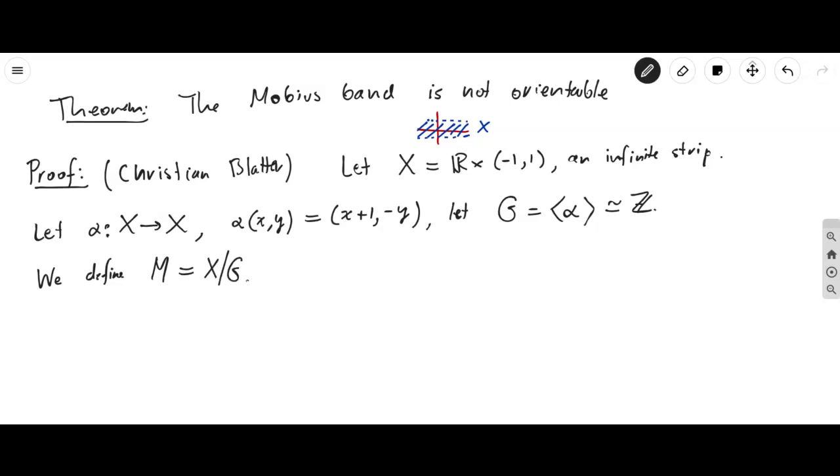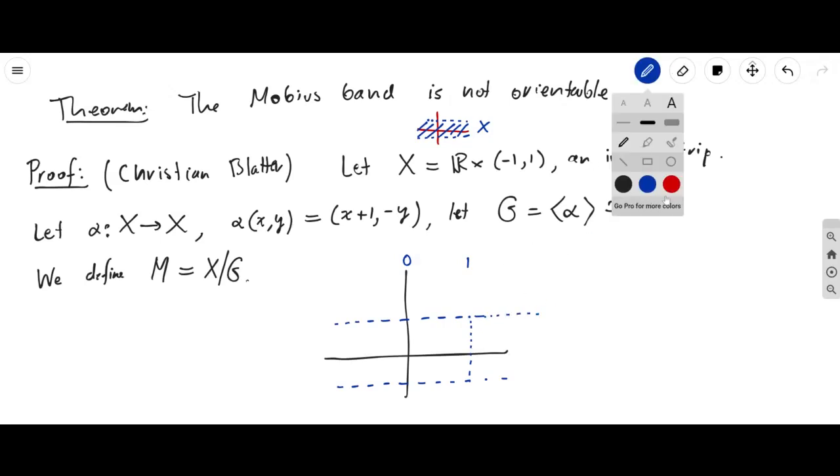Now, this is one way you can rigorously define the Mobius band, but let's give some intuition for what we're doing. When we go back to this infinite band, where we're located between -1 and 1, you have to understand that you only have to consider the region that goes from 0 to 1, because if you go beyond this, you return back.